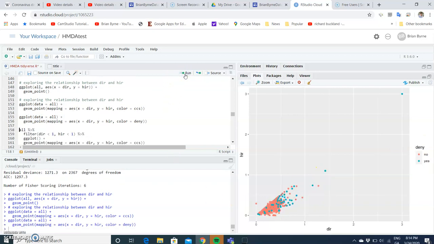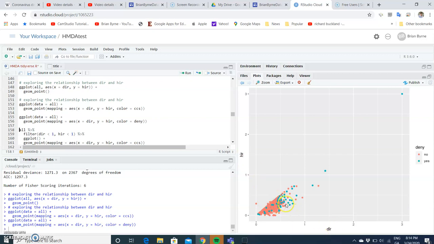We do a little bit more analysis, perhaps with color, and instead of just the credit scores, we use approved or not approved, for the DIR and HIR. It seems to be a one-for-one relationship going up here with some exceptions. Some of this might relate to a trend where the debt service to income ratio is generally at least as high as the household expenses to income, and could be higher.